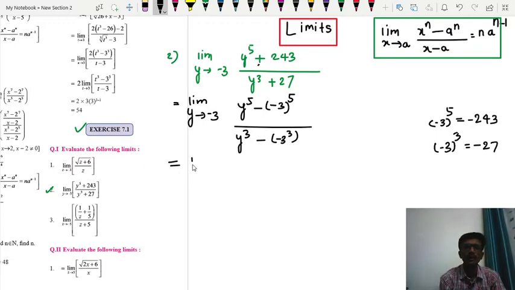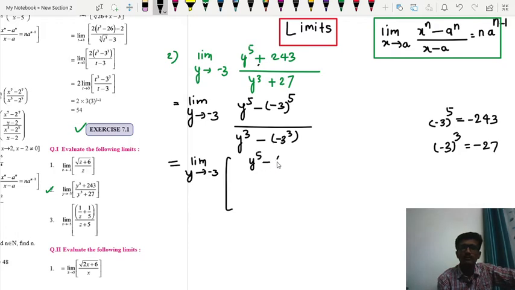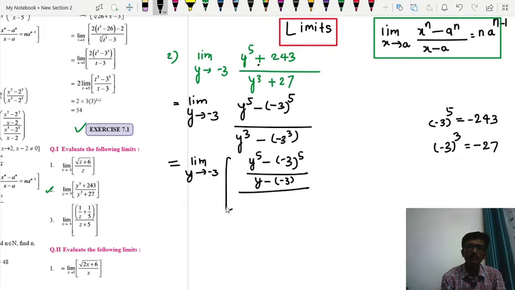Now we divide numerator and denominator by y minus of minus 3, that means y plus 3. So we get y to the power 5 minus 3 raised to power 5 upon y minus of minus 3, and y cube minus of minus 3 cube upon y minus of minus 3.